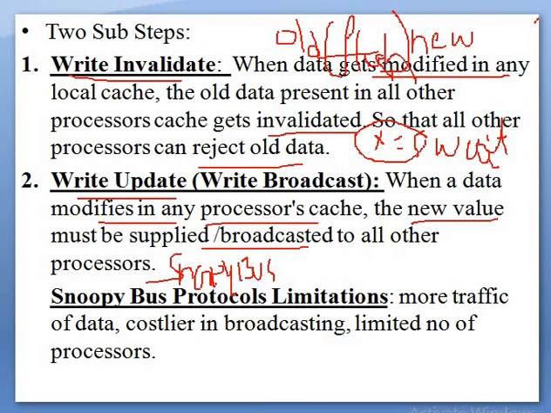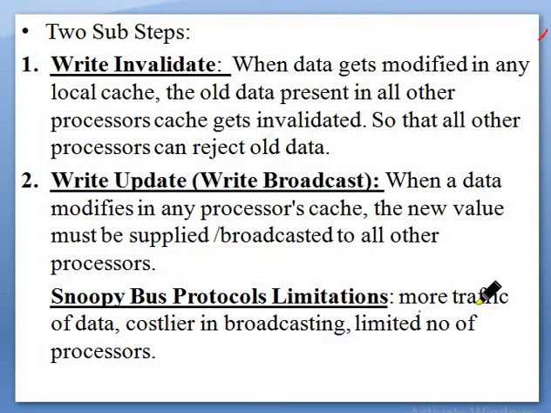So what are the limitations of the Snoopy bus protocol? More traffic. Why more traffic? Every cache or every processor may continuously modify the value of X. So all those modifications are transmitted or broadcast, and sometimes even invalidate bits are transmitted over the Snoopy bus, hence we can expect more traffic.